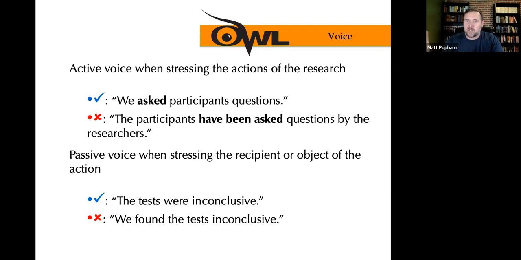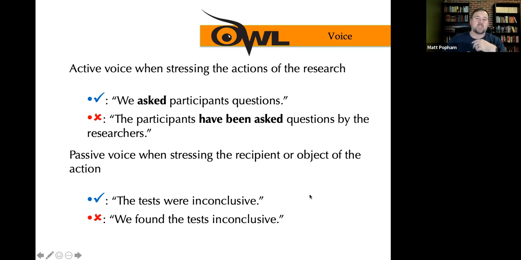You can certainly integrate the passive voice in there, but according to the APA standards, you should really utilize the passive voice when it's talking about the recipient, or the object, of an action.